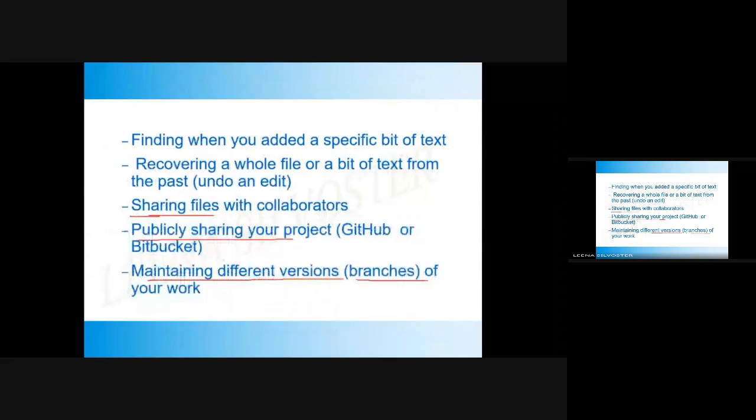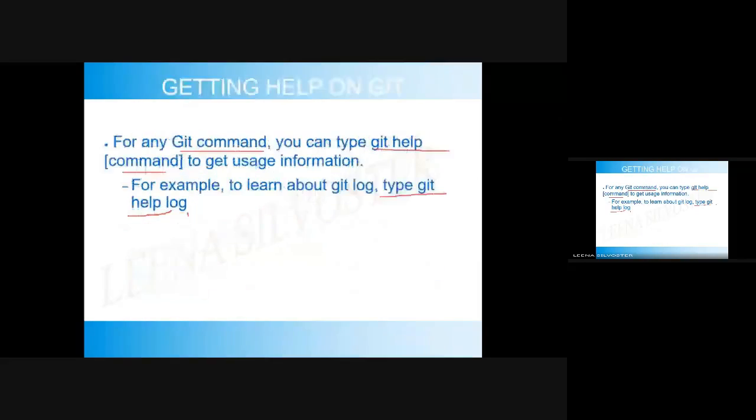So it can be sharing the files with collaborators, publicly sharing your work, or maintaining different branches. git help will give you usage information. Also for git log, type git help log and it will help you to learn the command's usage.